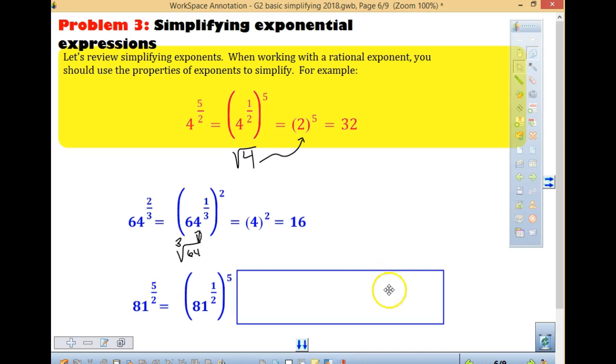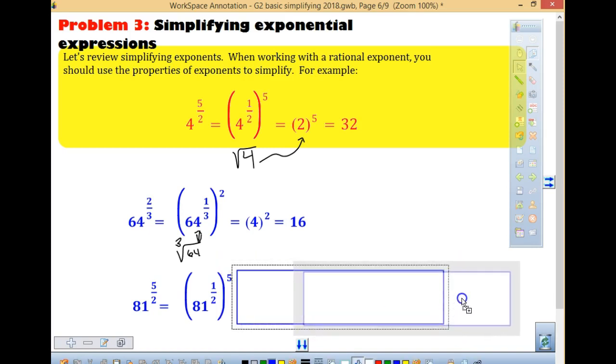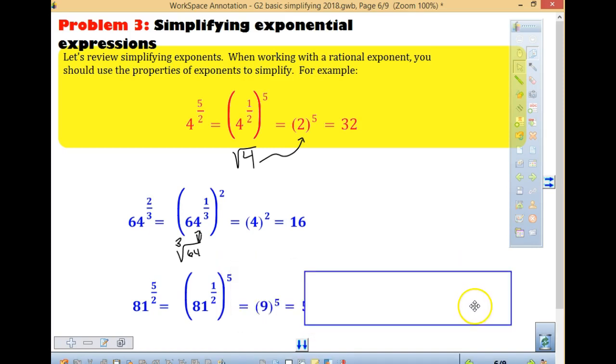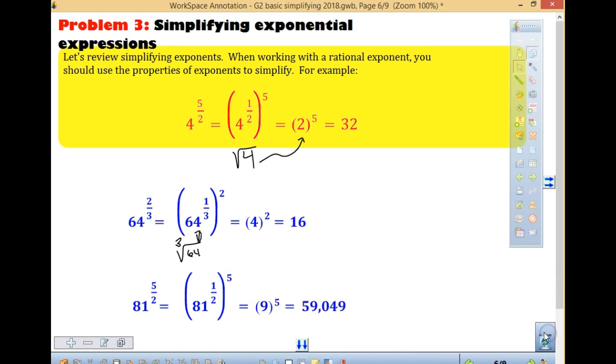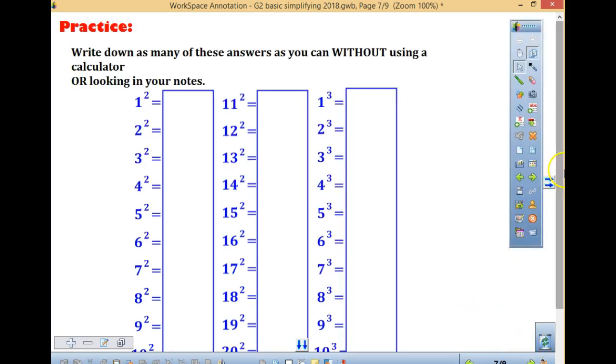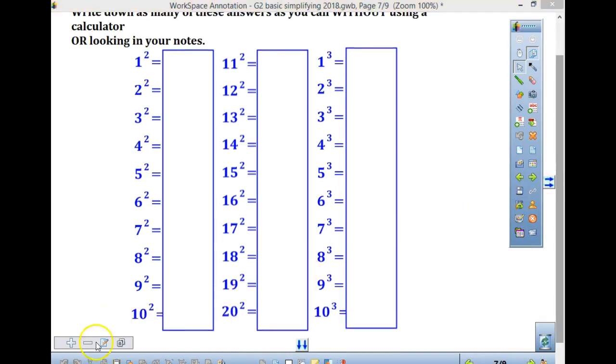Next, you will say the square root of 81, or 81 to the half, which is 9 to the 5th power. That's when you want to use your calculator, right? Most of you, 9 to the 5th is kind of ugly, pretty big. 59,049. Okay. So, try right now without your calculator and see how you're doing on your memorizing.